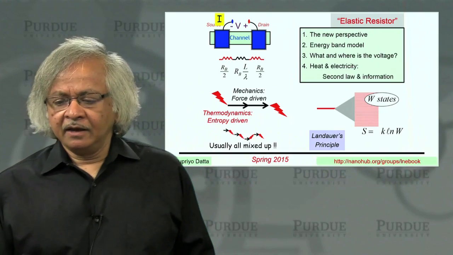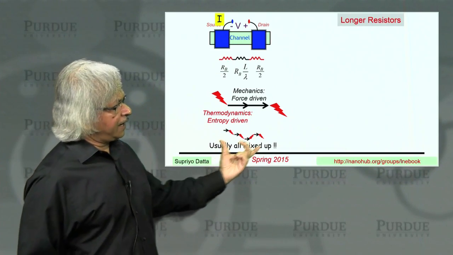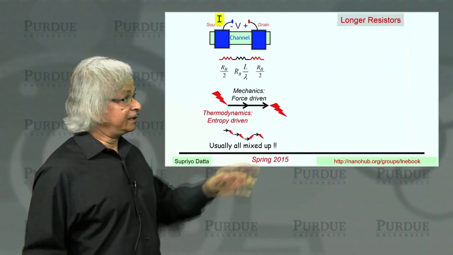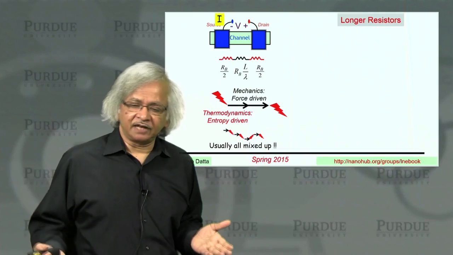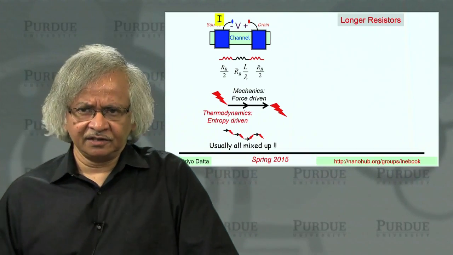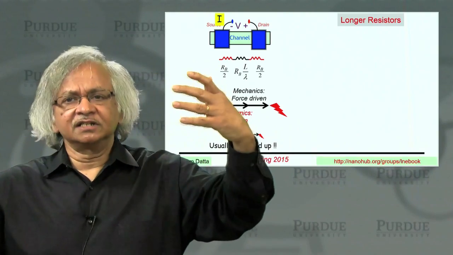Now, getting back to what we are doing, you say, okay, I understand that you have got this nice ideal picture. And this picture actually even describes nano devices quite well, because there is good experimental evidence that in really short devices, most of the heating occurs in the contacts.